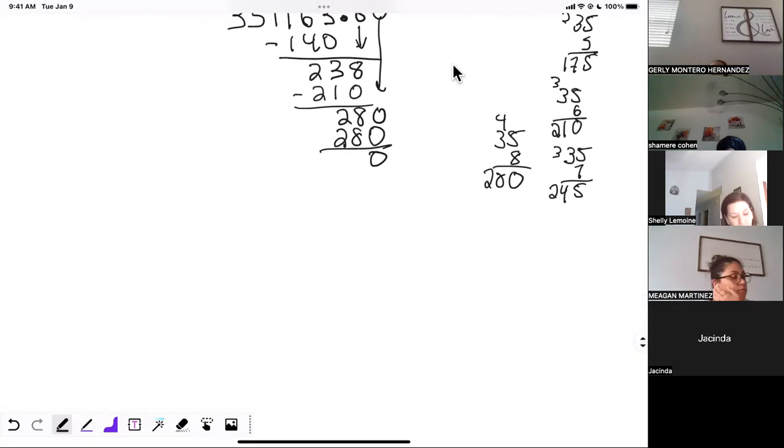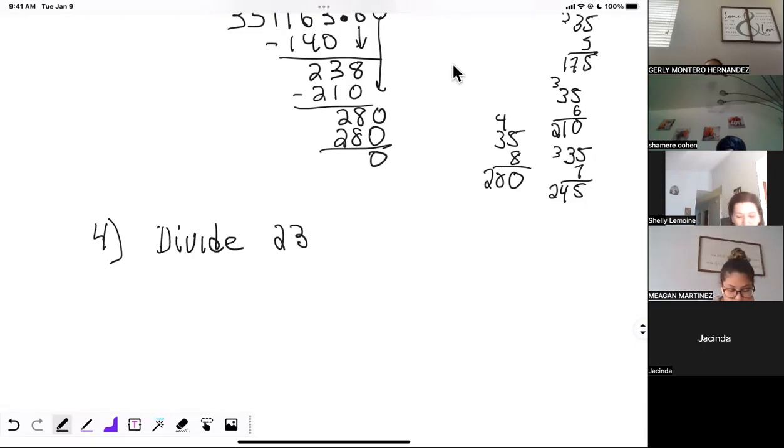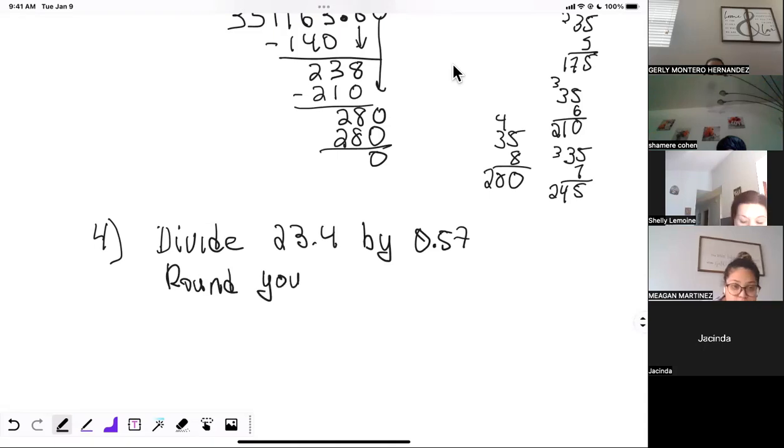So this is what I have for this one. I'll give you the whole directions. Divide 23.4 by 0.57. Round your answer to the nearest hundredths.